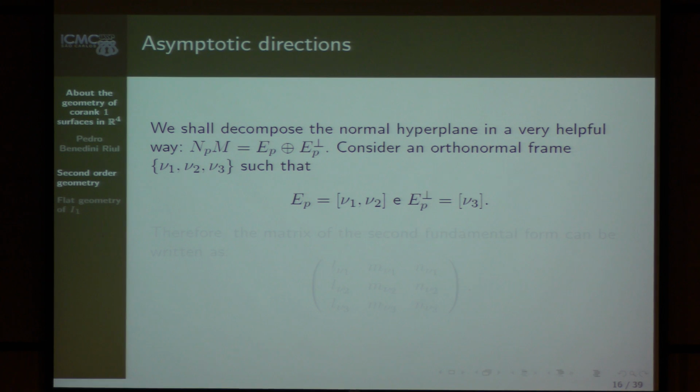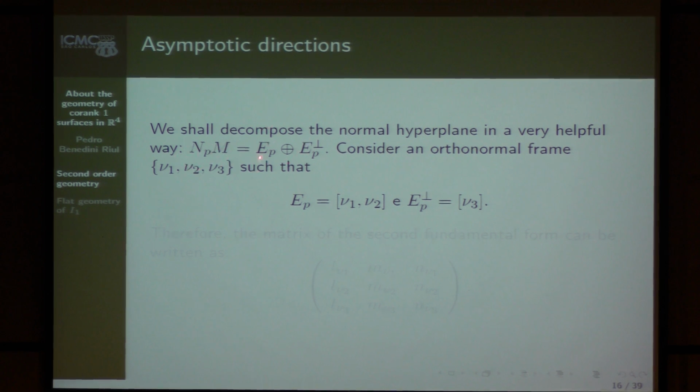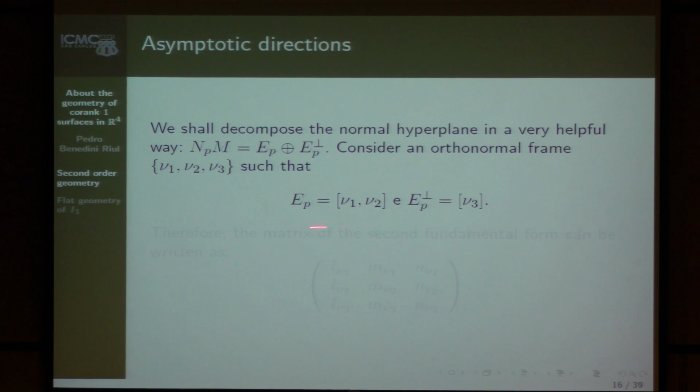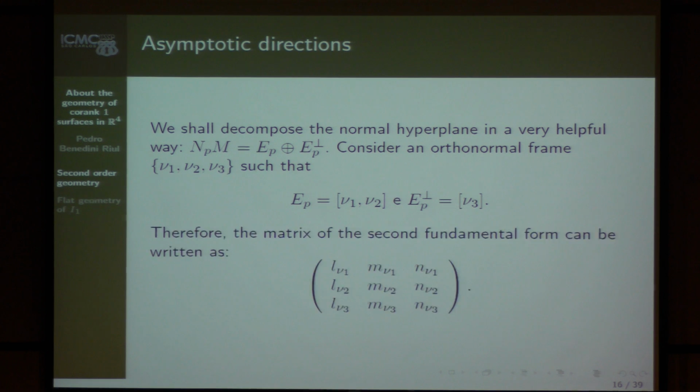In order to proceed with the following results, we shall decompose the normal hyperplane in a very helpful way. We shall write it as the direct sum of Ep and Ep orthogonal, and we'll consider an orthonormal frame satisfying this condition. And as we already know, we will be able to write the matrix of the coefficients of the second fundamental form using this frame.